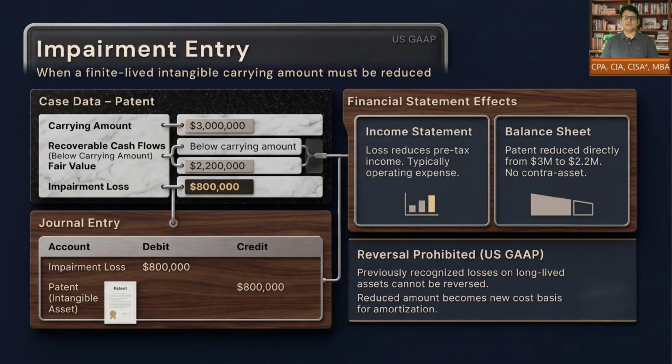The journal entry is debit impairment loss $800,000 and credit patent intangible asset $800,000. The income statement records the loss and the balance sheet reduces the patent directly to $2.2 million. Under US GAAP, that impairment loss is not reversed later.